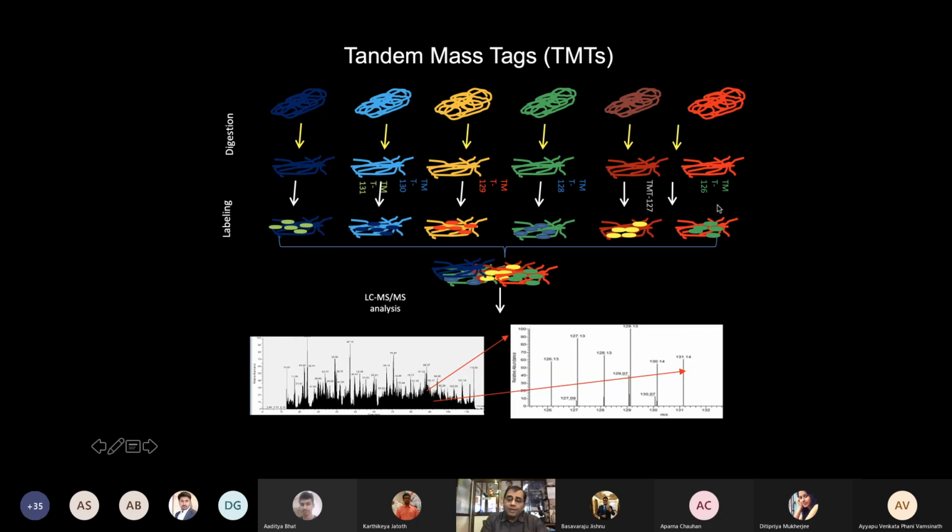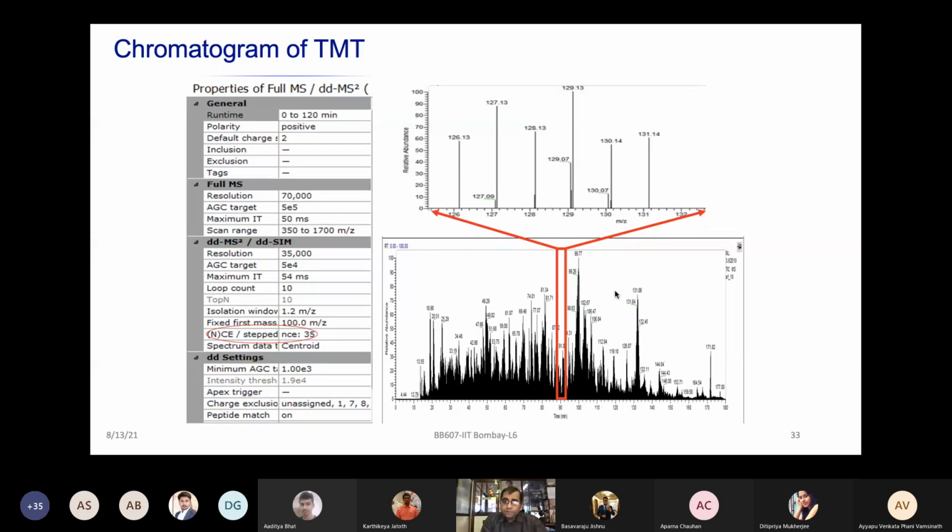The concepts are the same, both are isobaric tagging, both are based on reporter ions. The only change is which type of reporter ions you are looking at: 114 to 117 there, and here you are looking at 126 to 131, that series. TMT has shown a slightly higher overall lead in quantitative proteomics because it can go easily from 6-plex to 10-plex to 14-plex. But the concepts remain exactly the same.